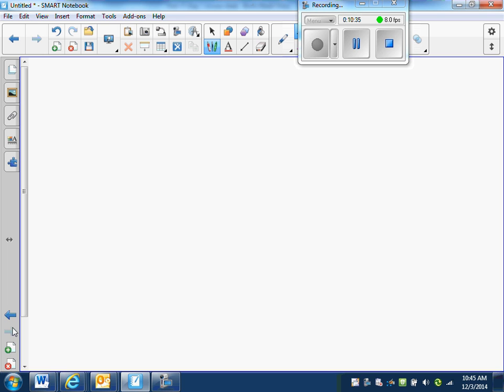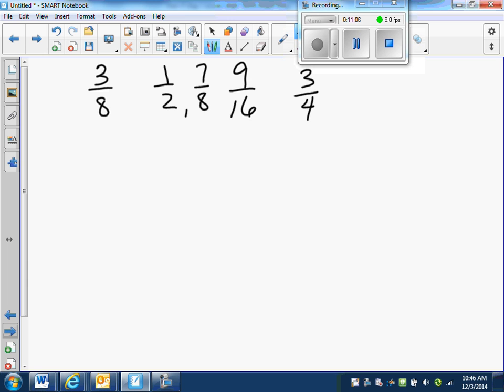If I gave you a bunch of numbers, I'll just write down a fairly easy set to start with. If we had the numbers 3/8 and 1/2, 9/16 and 3/4 and, oh, we're supposed to be writing this down? 7/8.